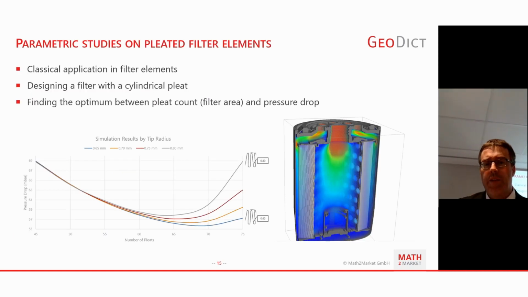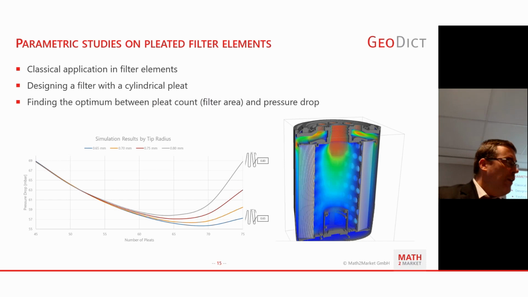To reiterate that, we have a classical application of this framework, optimization of a pleat count. In this plot, you see on the x-axis the number of pleats, and on the vertical axis the pressure drop. You can see that with an increasing number of pleats, the pressure drop goes down a bit, but increases again when the pleats get a bit too tight and too packed.